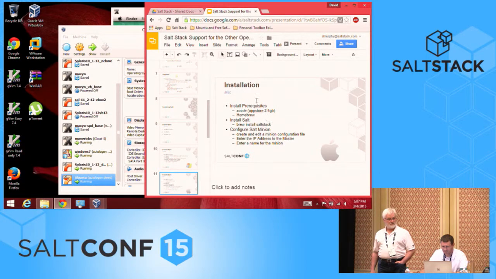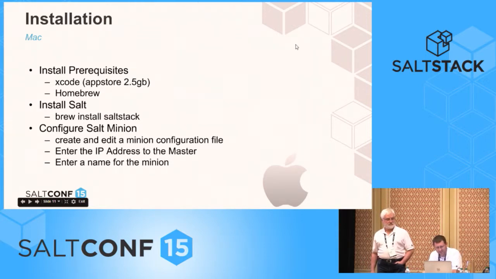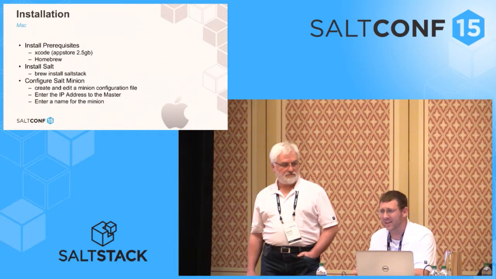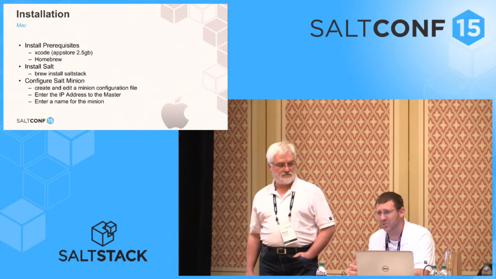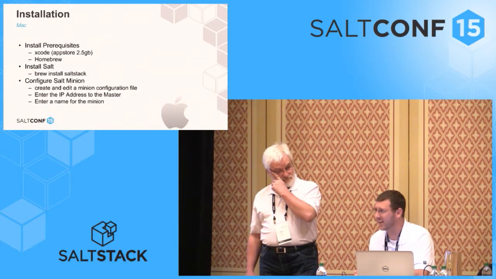Okay, now we're going to talk about installing Salt on the Mac. This took me a little while to get set up because of the prerequisites. It requires some developer tools, Xcode, which is a 2.5 gigabyte download. You get it from the App Store. I'm not a Mac guy, so it took me forever to figure that out.